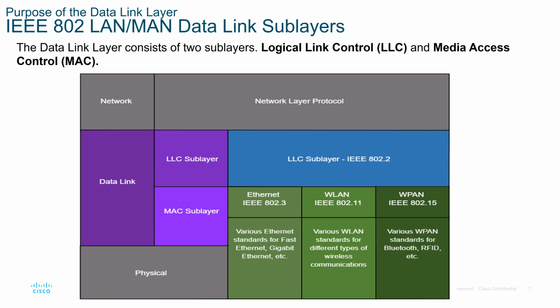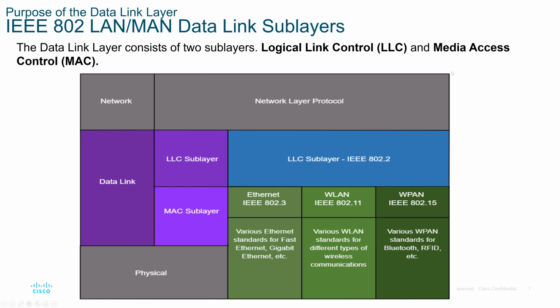The IEEE 802 LAN/WAN data link sublayers can be summarized like this. The data link layer consists of two sublayers: Logical Link Control (LLC) and Media Access Control, or MAC.